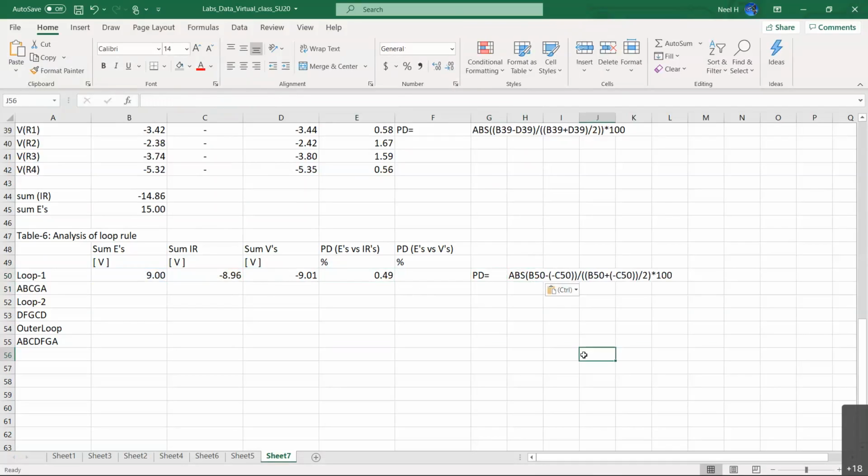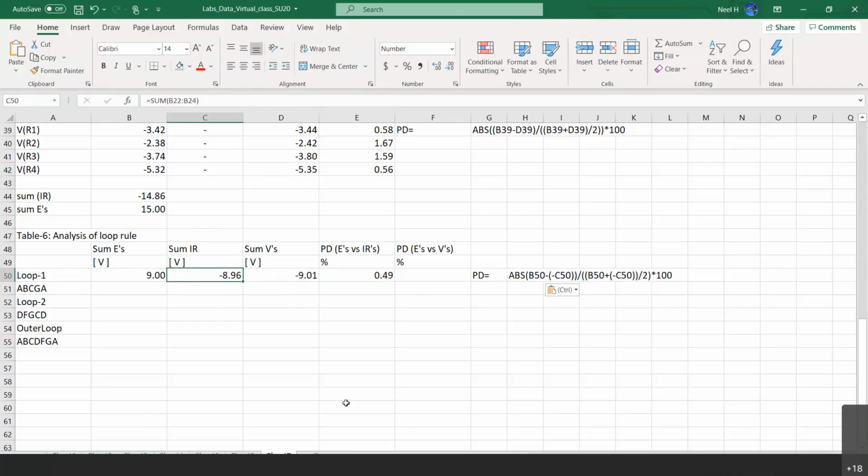You have to take care of that negative sign when you do the percentage error. But leave it on the table, because that is representing that the sum of all the E's should be equal to the sum of all the IR. So that's what it represents. Good. Any question so far? All right, then let's do the other two.